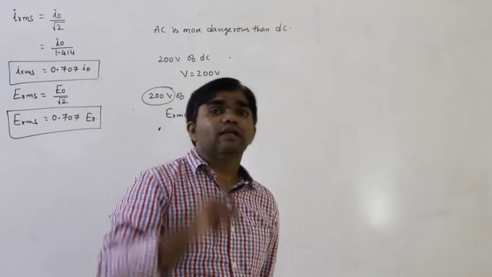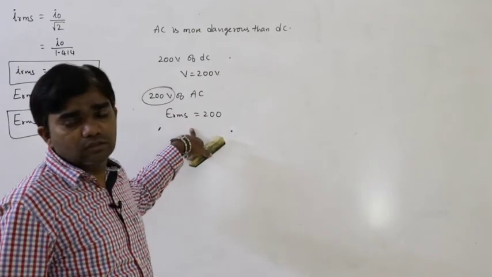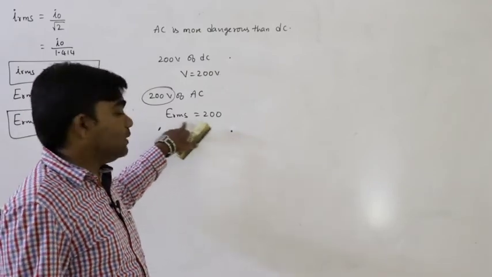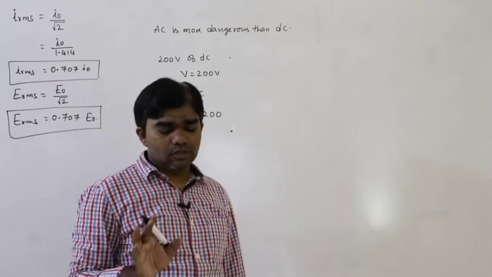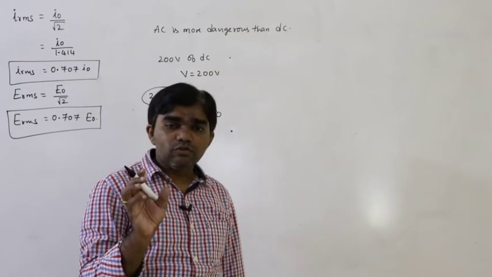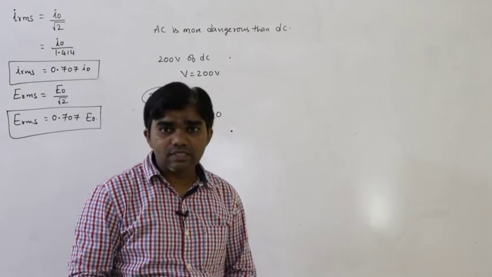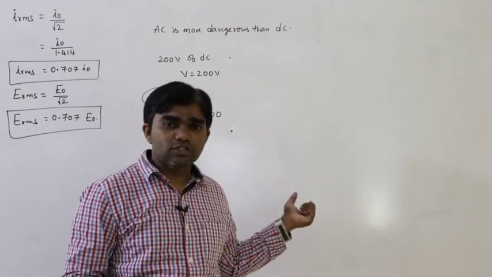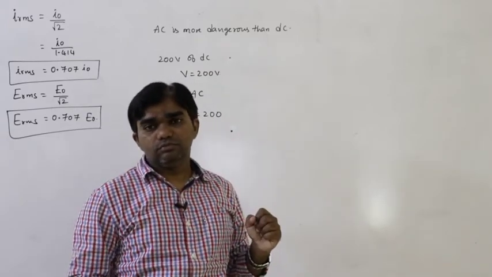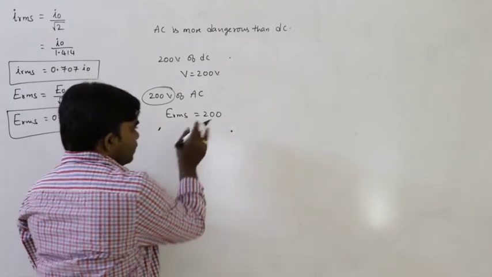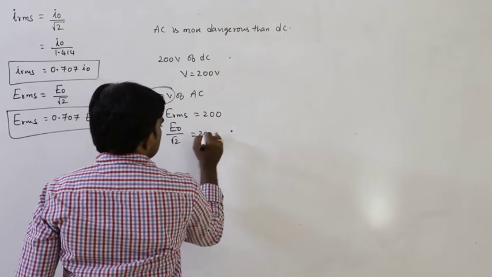Otherwise, if they specify clearly 200 volts of peak potential, then only that becomes E naught. If they mention 200 volts of alternating potential, that is the RMS voltage. So E RMS can be written as E naught by root 2, which is equal to 200.